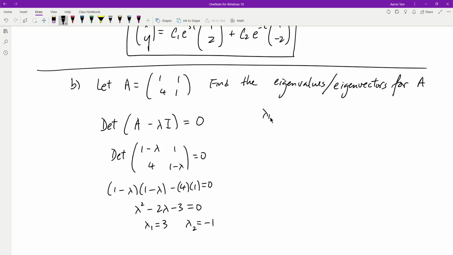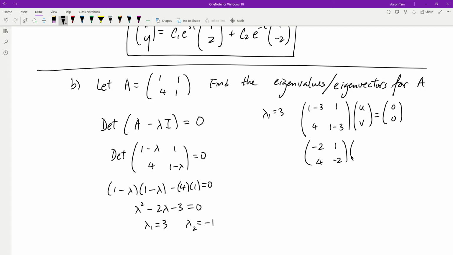So for lambda 1 equal to 3, we can now form our matrix, which is 1 minus 3, 1, 4, 1 minus 3. And if I multiply that by any vector u v, I need to get the 0 vector. So that just becomes negative 2, 1, 4, negative 2 times u v equal to 0, 0. Remember, if you do it correctly, you have a singular matrix, meaning you can reduce to a matrix with an entire row equal to 0.